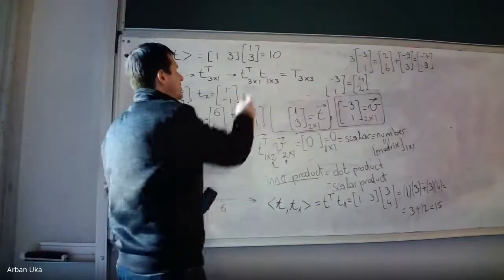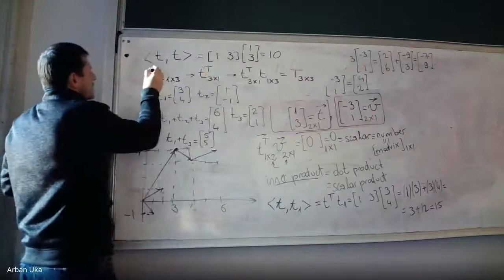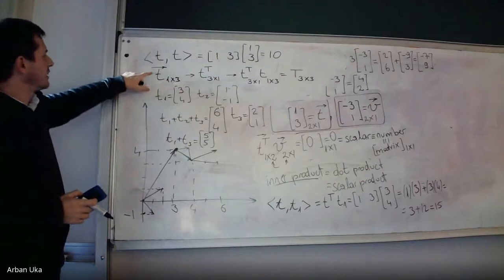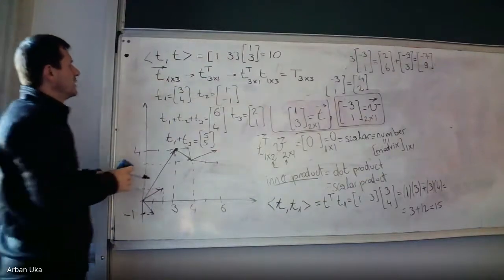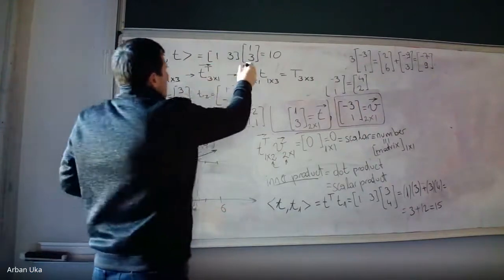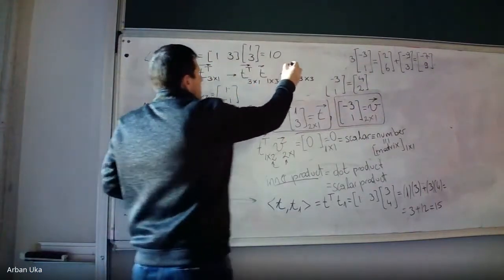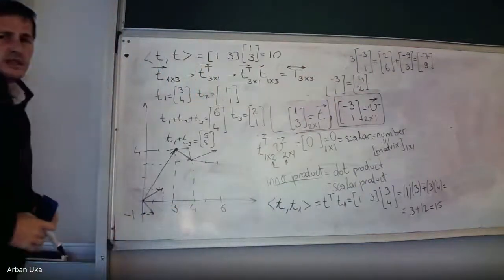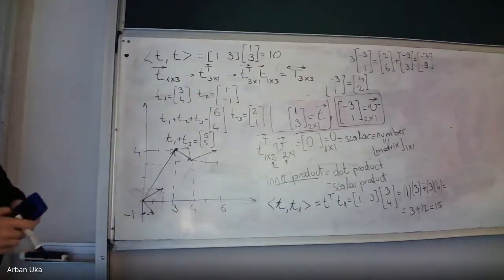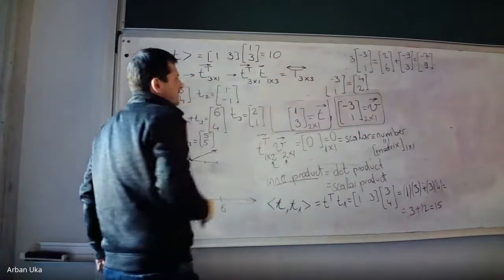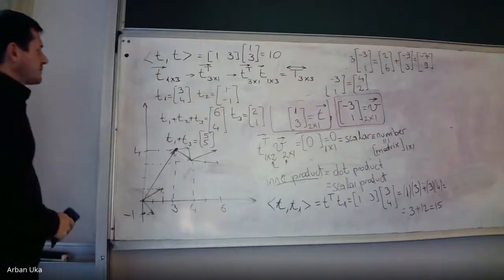So let's read this carefully. The language we use in this class: this is a vector because it's an arrow. T transpose is also a vector. Vector times vector equals a matrix. See how we denote this one? This capital T is a matrix, so this is not a scalar product. Similarly, we see that this step gives a scalar answer.